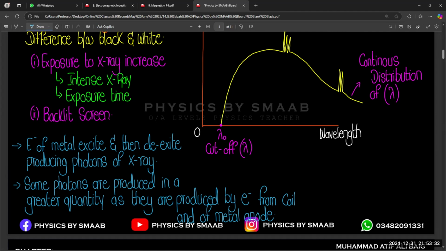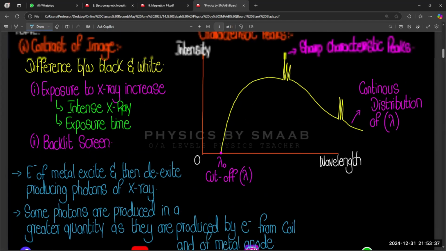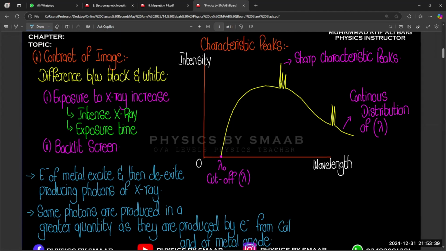So this is the graphical representation for the characteristic spectra of X-rays, right?